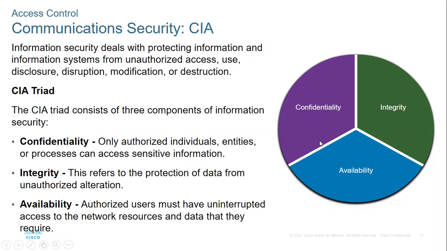So confidentiality deals with making sure that information is not disclosed to unauthorized users. Integrity, okay, so this makes sure that information hasn't been altered while in transit. Okay, so with confidentiality, what do we use to achieve confidentiality?